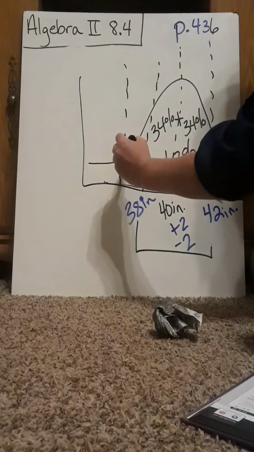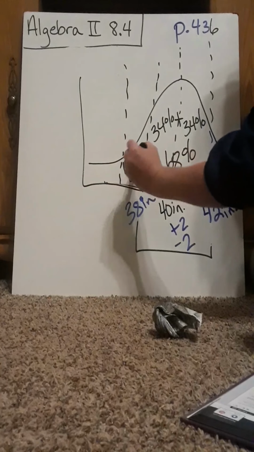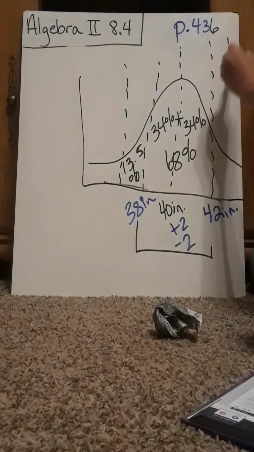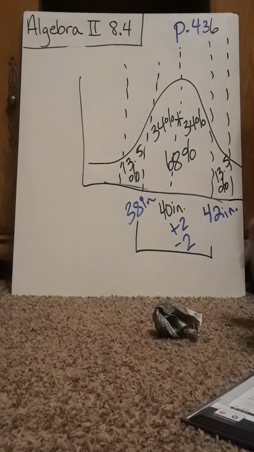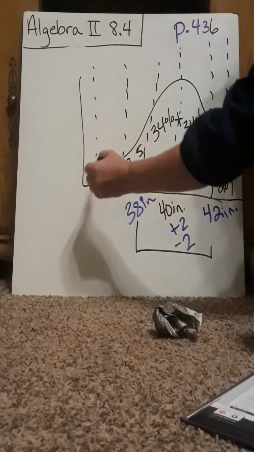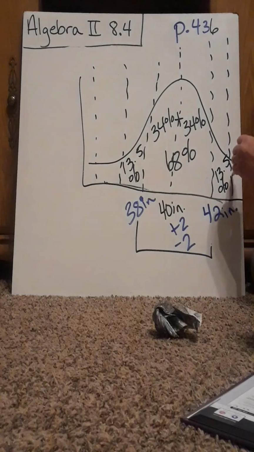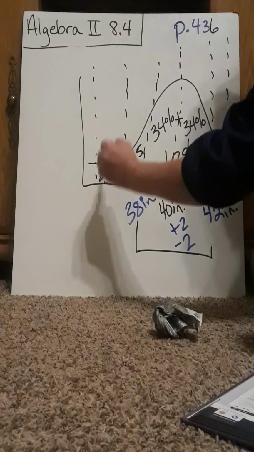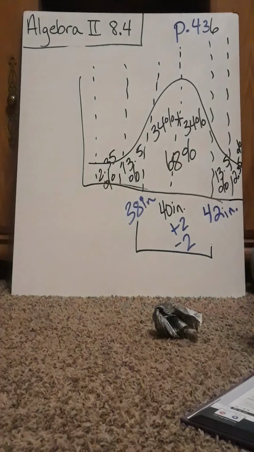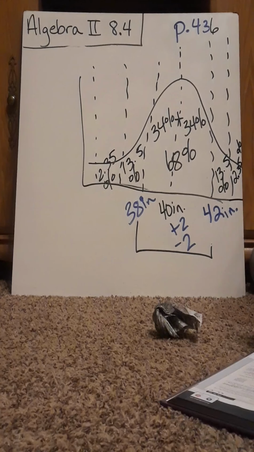We know that this is 13.5% within 2 standard deviations. And then we know that over here within 3 standard deviations is 2.35%, which is real close to 2.5. I think 2.35 is probably close enough to 2.5 that we could just kind of consider it to be basically the same.